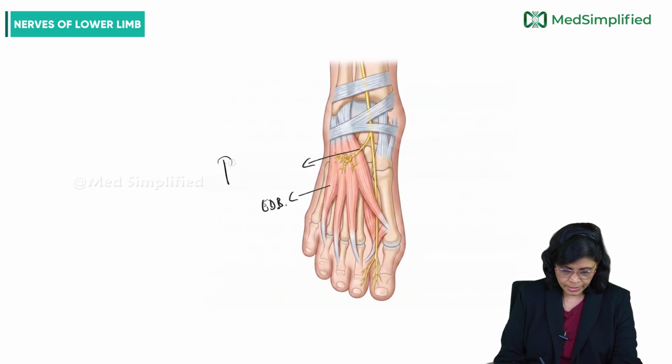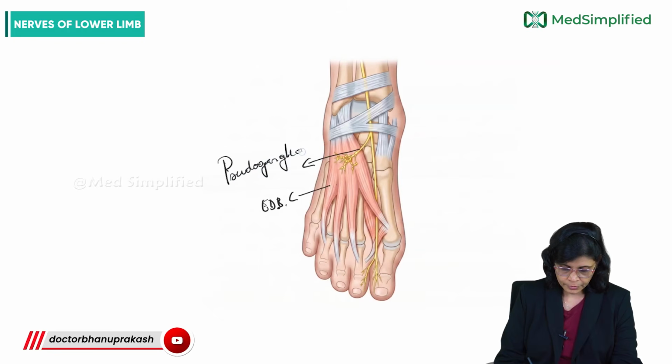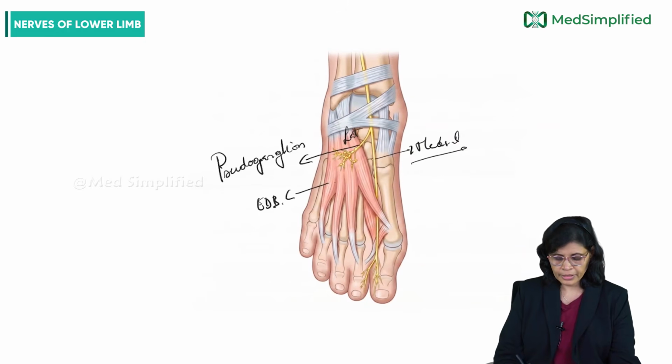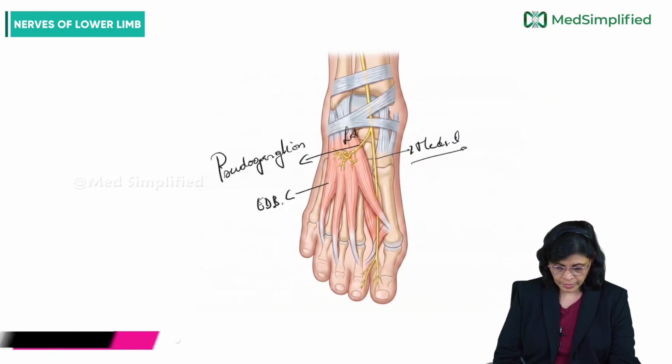Then the medial terminal branch runs forwards and ends by supplying the skin in the first interdigital cleft.